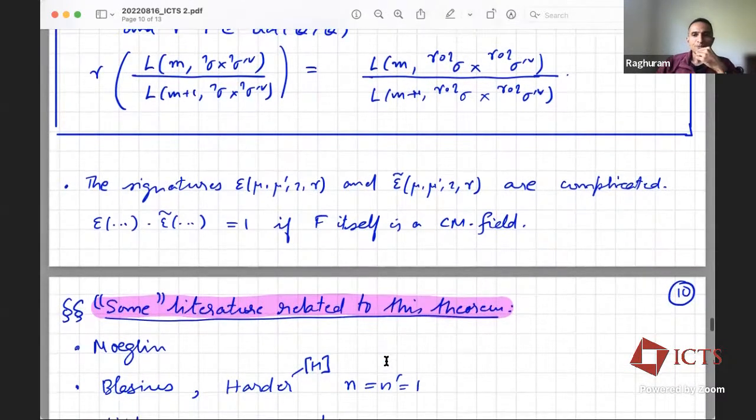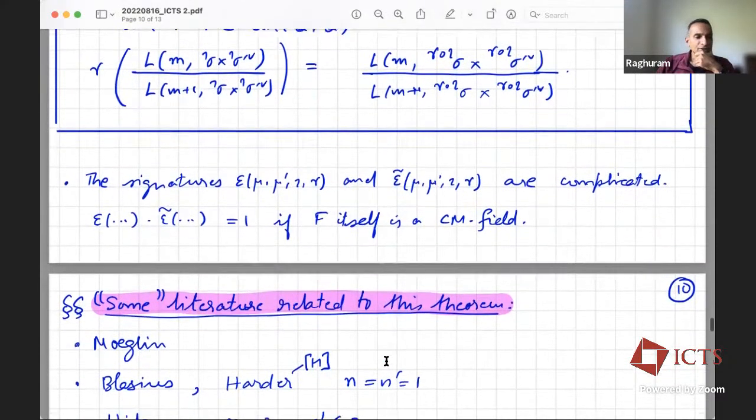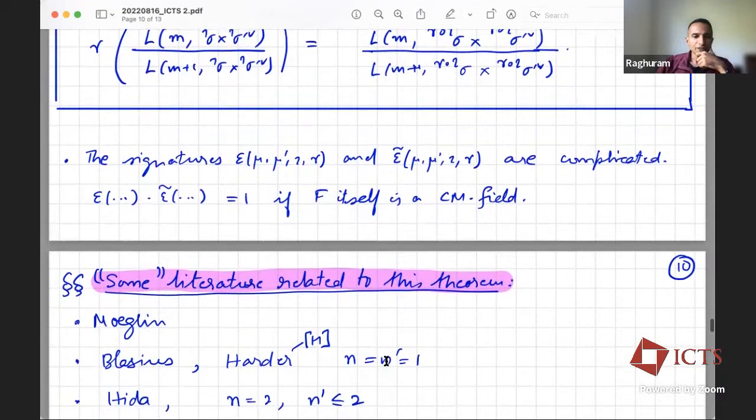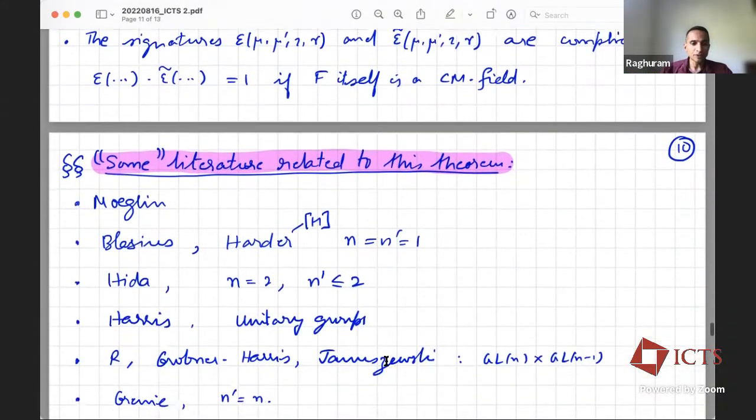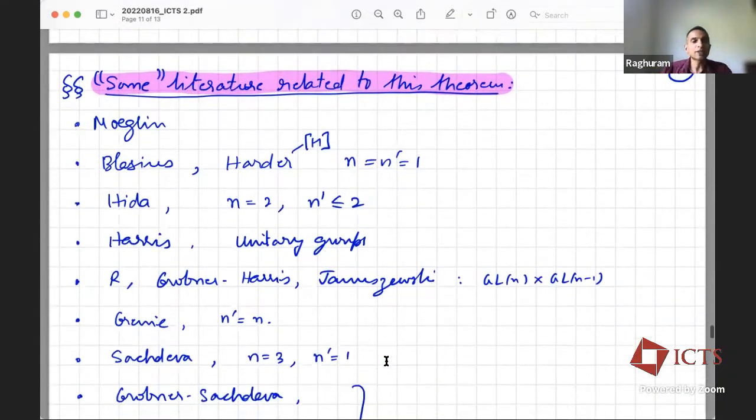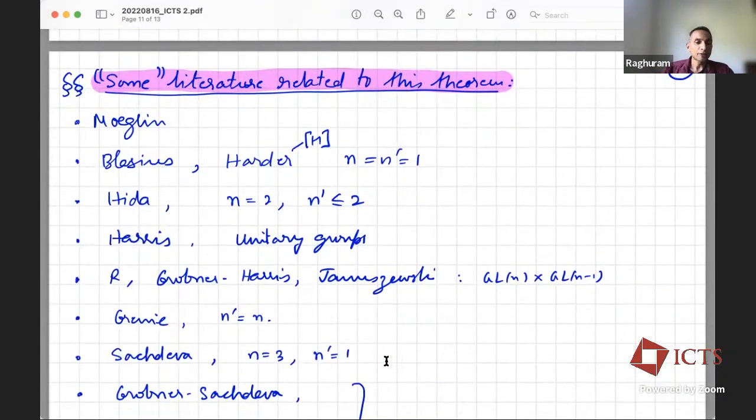So let me just briefly mention some literature. I put some in quotes because this is not historical, I'm not talking about the entire history of all theorems about special values, but some theorems relevant to this paper, and certainly the papers I had to look at to get myself going.